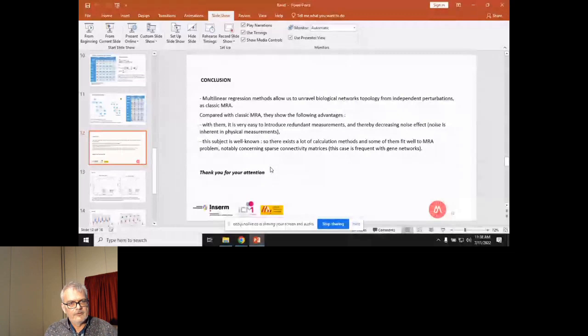If you use a regression approach, because it's a very well-known method that is well developed, we have many regression methods, and we can improve the performance of MRA.